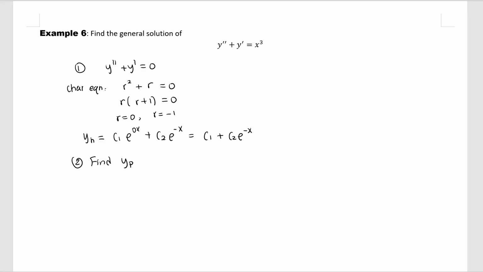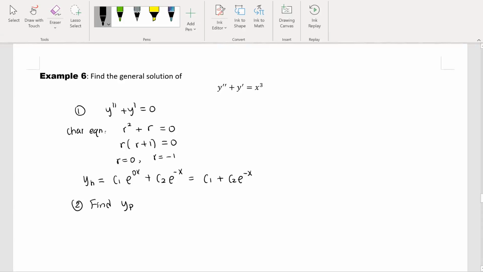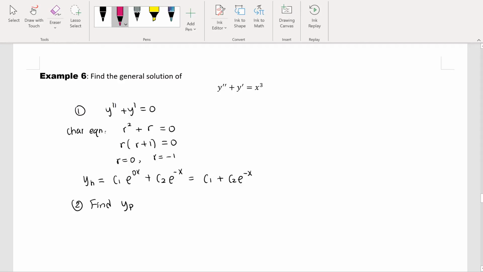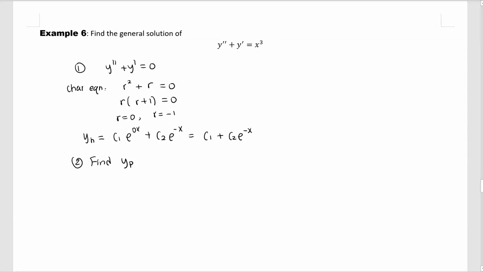What's yp? Okay, let's first look at the right-hand side of the differential equation. So x cubed, this is a polynomial. Polynomial corresponds to 0.